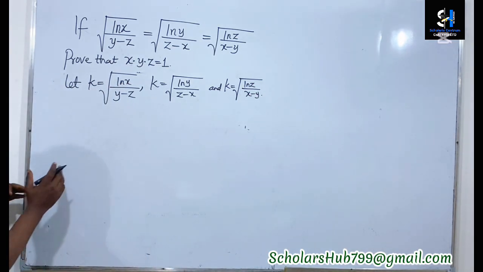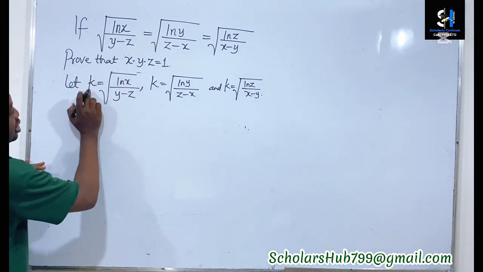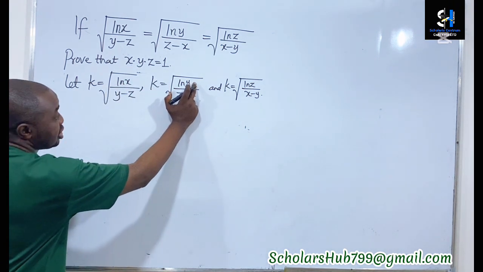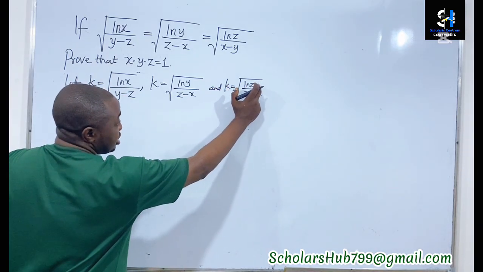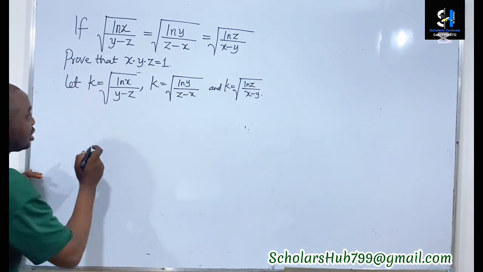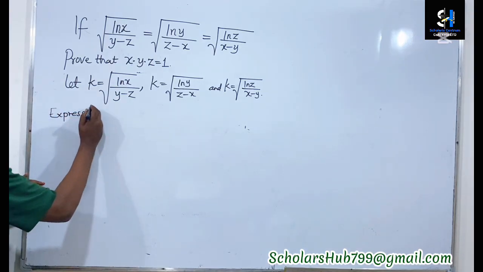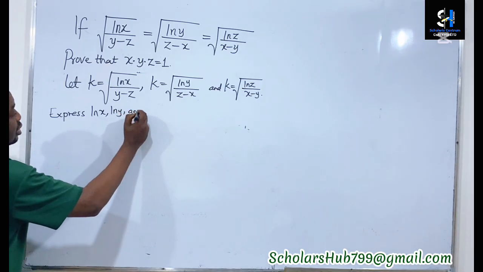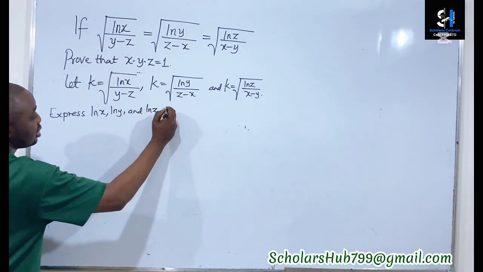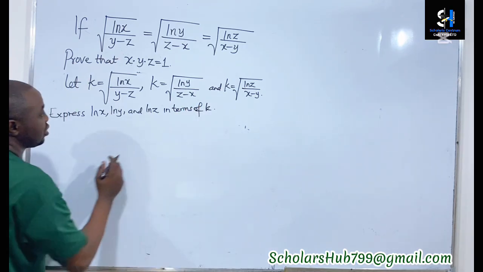All right, so now from here we can express ln x in terms of k, ln y in terms of k, and ln z in terms of k, the constant. So let's express ln x, ln y, and ln z in terms of k, that is the constant.